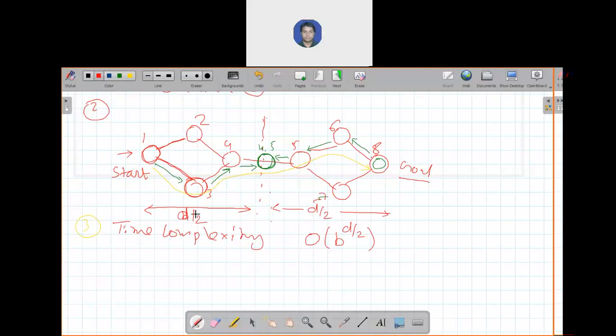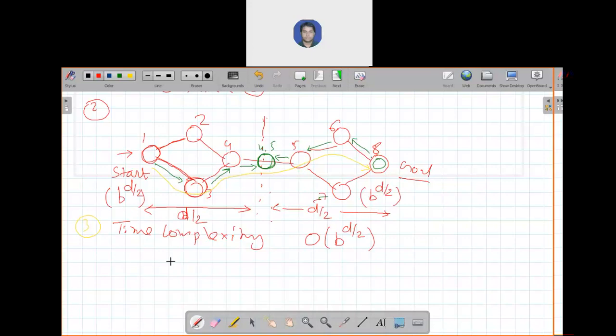From the start state to the meeting state you follow depth first search. The complexity of depth first search is b to the power d, and here the depth is d by 2. Again, from the goal state to the meeting state, the complexity is b to the power d by 2, because the depth is d by 2.